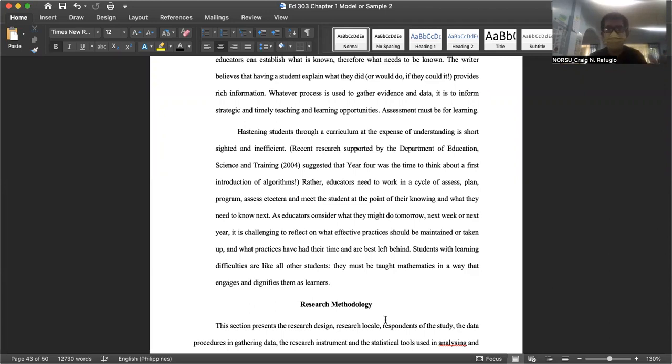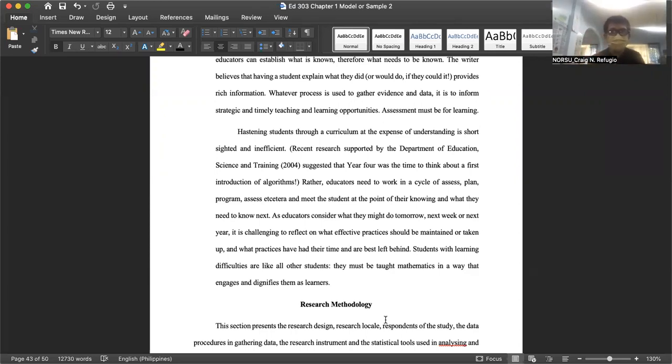For example, we have Gibbs reflective cycle model, so we relate each of those to the statement of the problem. We look into Birch's experiential learning theory, Cobb's experiential learning theory, and your own theory. Each of those theories is related to the statement of the problem.